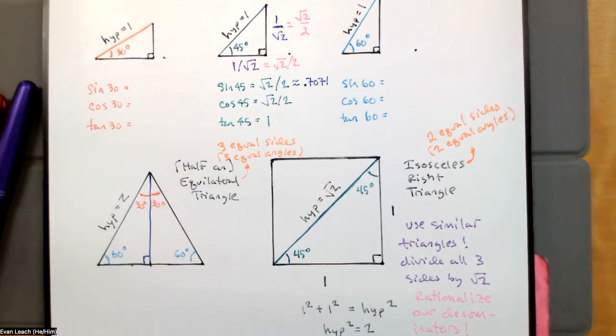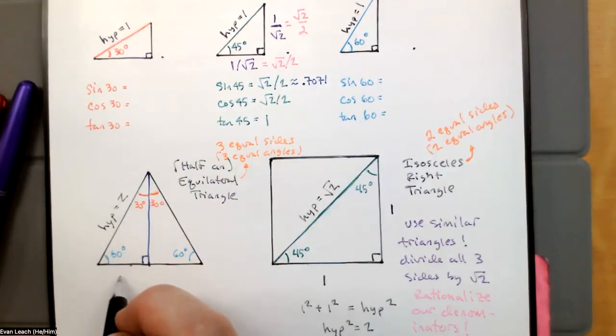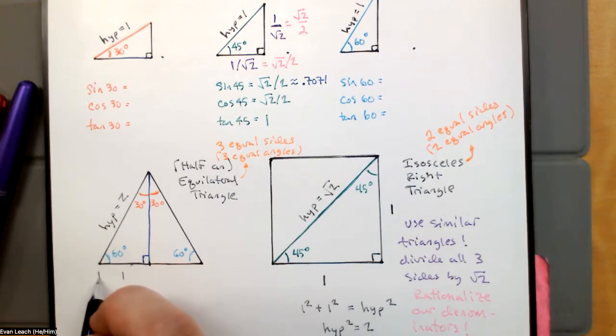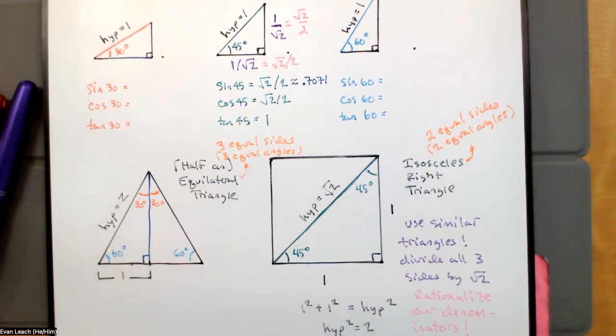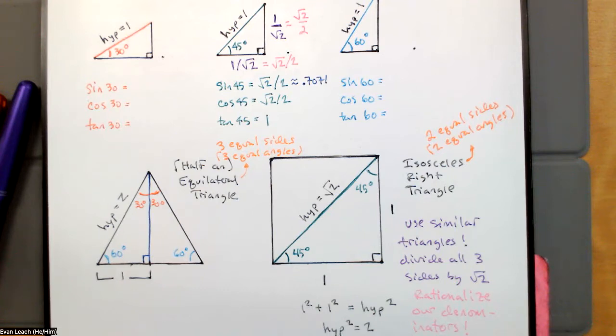And since I cut that bottom side in half, the part that I care about down here is a 1.